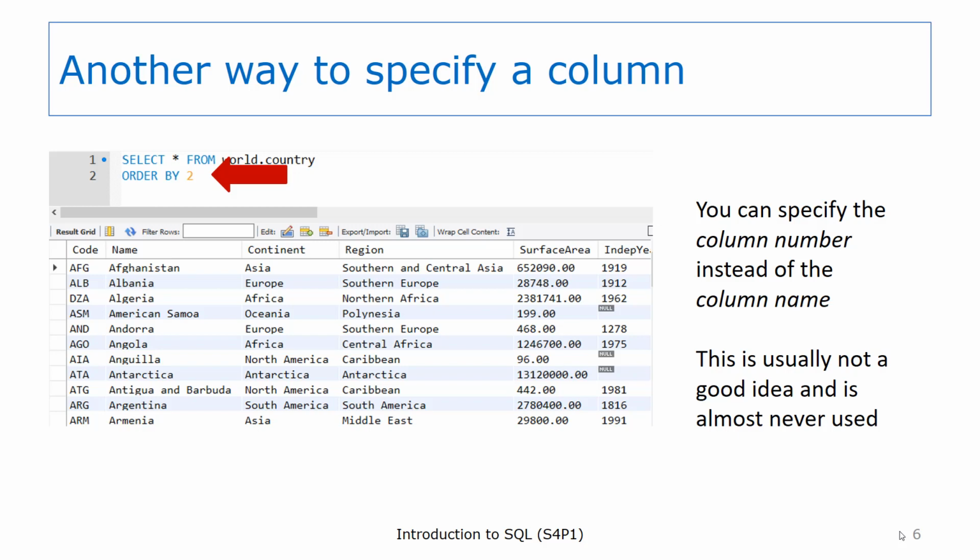This type of order by, using the column number instead of the name, is so difficult to work with that you will almost never see it in production applications. We will not use this type of order by anymore in this course. I only wanted to show you this now so that you would be aware that you can do this. If you ever see it again, you'll know what is going on.